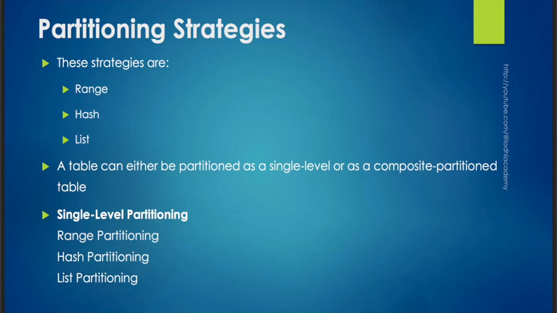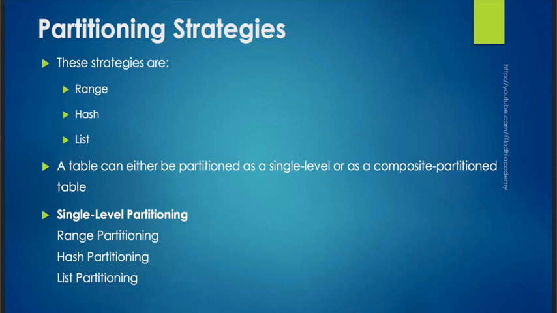Single level partitioning includes range, hash, and list partitioning. A table is defined by specifying one of the following data distribution methodologies using one or more columns as the partitioning key: range partitioning, hash partitioning, list partitioning.